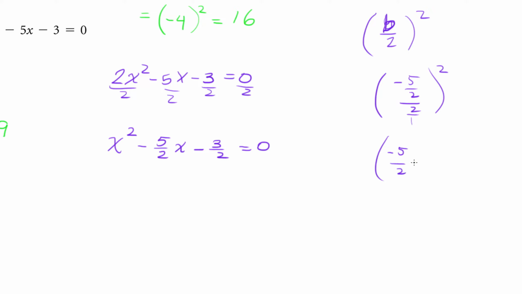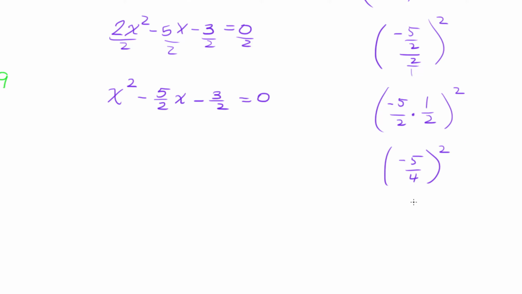Negative 5 over 2 times 1 over 2 gives me negative 5 over 4 squared. Now remember, what is negative 5 over 4 squared? It's negative 5 over 4 times negative 5 over 4. That gives me 25 over 16. That's the number you're going to add on both sides.